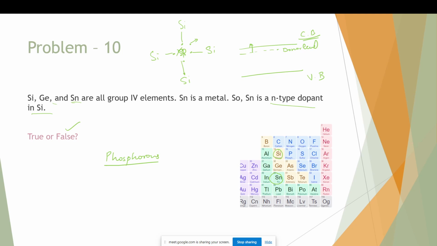Similarly, in p-type doping, we can have boron or other materials from this family. What is this called? Group three. Boron only has three electrons, so it can form three bonds.